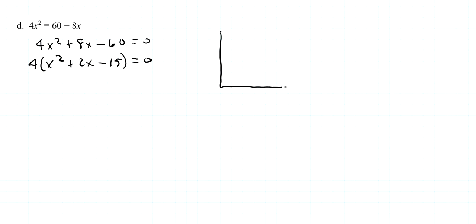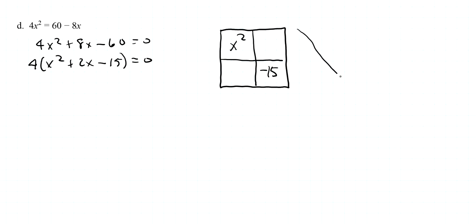Alright, so then at this point we want to factor it. Some of you may be able to factor these in your head, but I'm going to use the method we have, minus 15. And we want factors of negative 15x squared to add up to 2x. So looking at factors of 15, we have 1 times 15, 3 times 5.